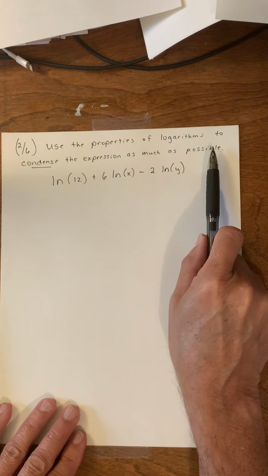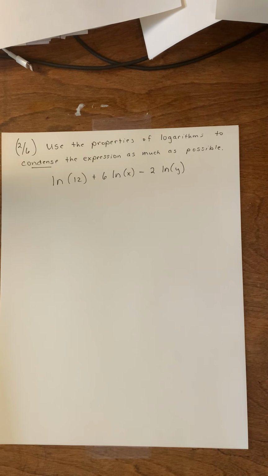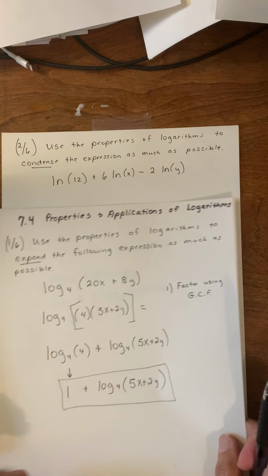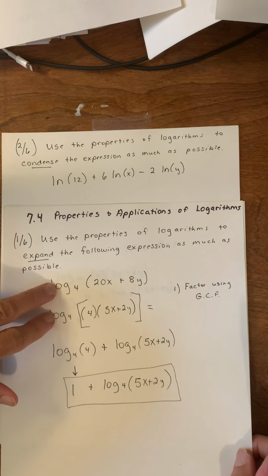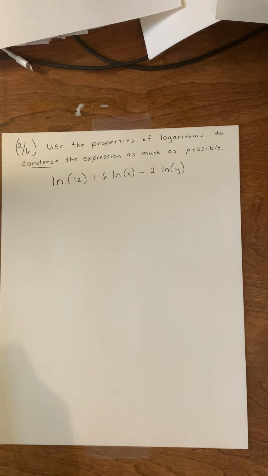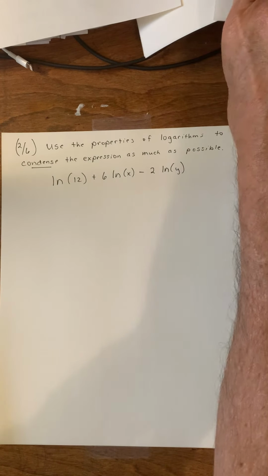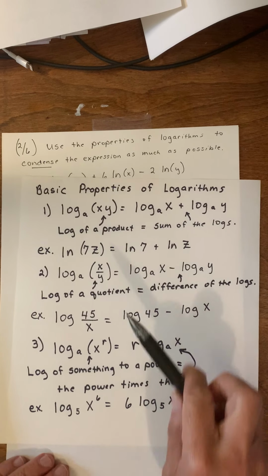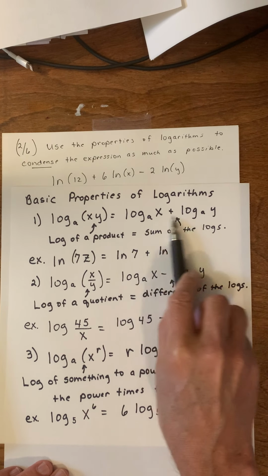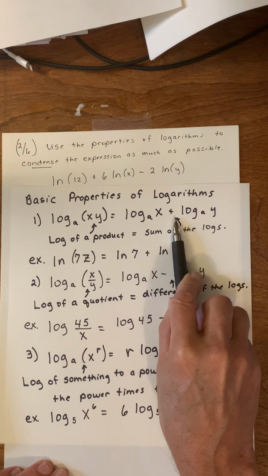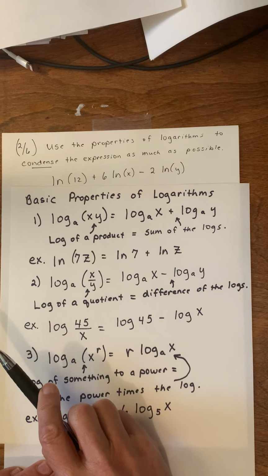Use the properties of logarithms to condense. Now, in that first one, we used the properties of logarithms to expand. We used our properties to go from left to right. Here we're going to use our properties to go from right to left. So for instance, we're going to look at the sum of logs and go, hey, that's the log of a product.